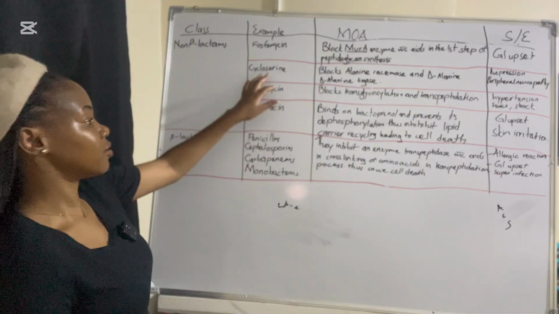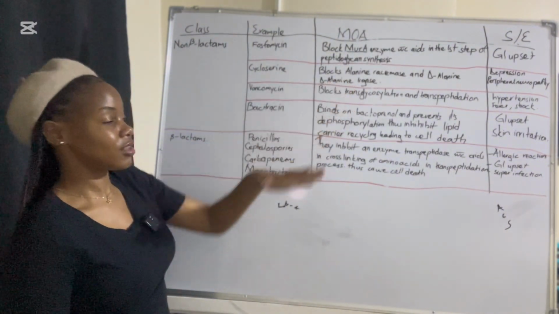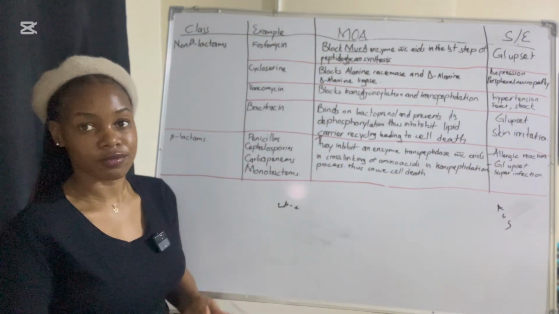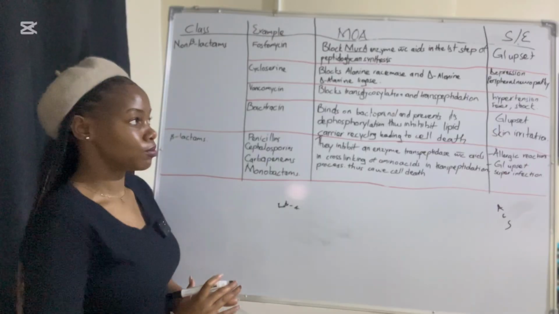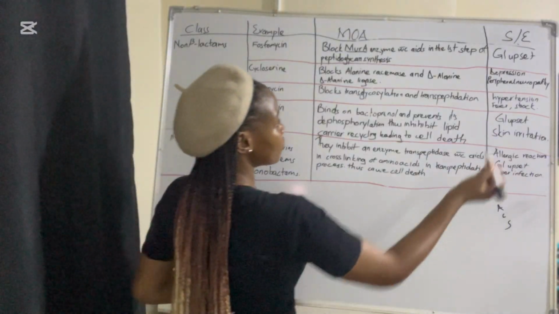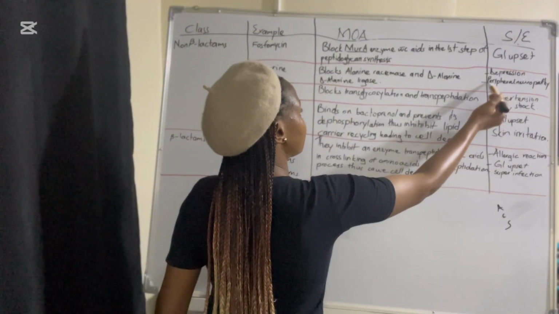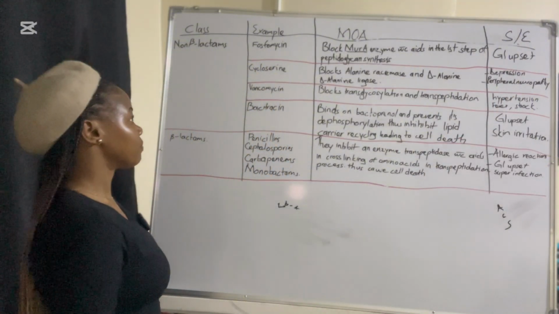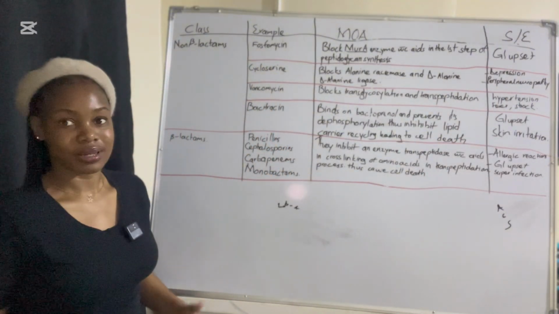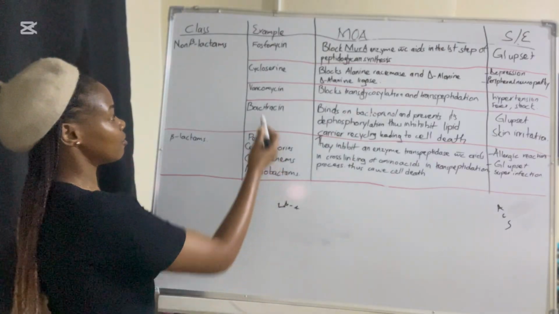So once they are blocked, the synthesis of peptidoglycan is going to be blocked. For the side effects, we have depression and peripheral neuropathy.